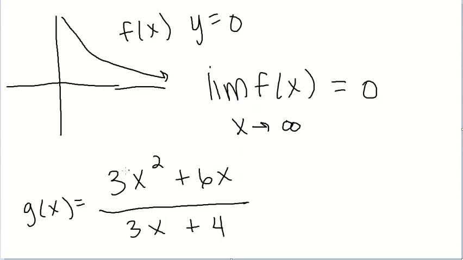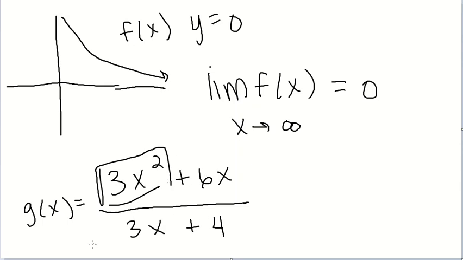Do we think it'd be the 6x or the 3x squared? And hopefully you'd say the 3x squared, because if x is really big, like 1 million, if we square 1 million, that's going to be way bigger than just multiplying 1 million by 6. So this term right here is called our leading term, because it has the biggest impact out of all the terms in the numerator on this function.